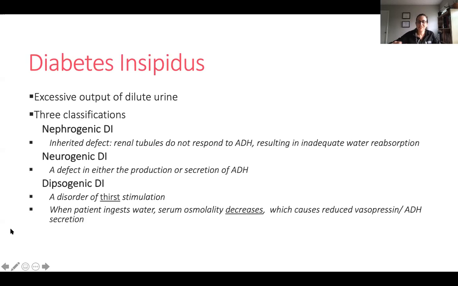It is when there's excess output of dilute urine. So you're losing a lot of fluids. And make sure you know the difference between the different kinds. So there's nephrogenic, neurogenic, and then dipsogenic.